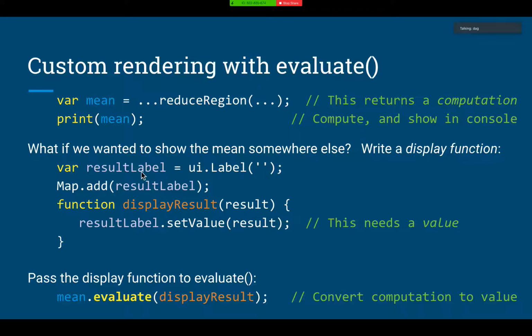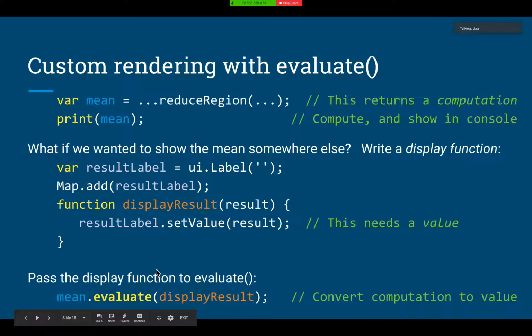So I've set out a few things first. I've added a label which is blank to the map, and then the function itself is display result. It will take an actual result value and call a set value, which changes the label that's currently displayed to whatever value you've just given it. So this is the display result function, and then the second step is this magic call called evaluate.